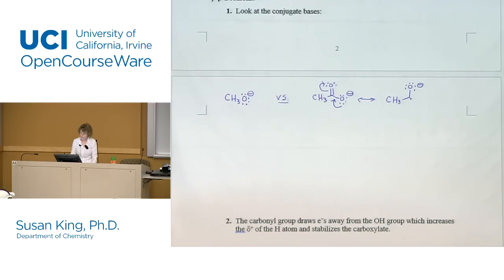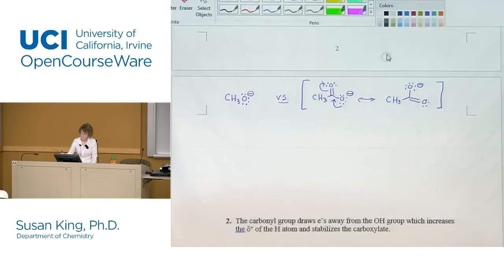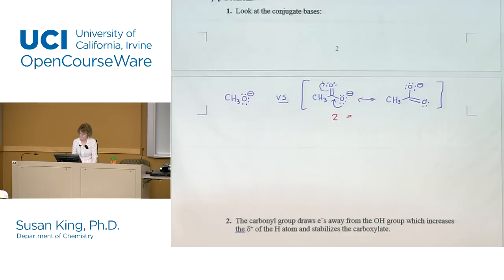And when you have 2 equivalent energy resonance structures, that typically makes the compound very stable. So we have 2 equivalent energy resonance structures.